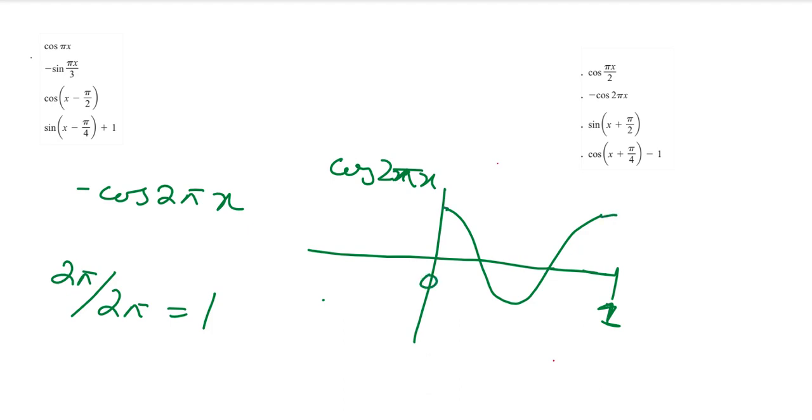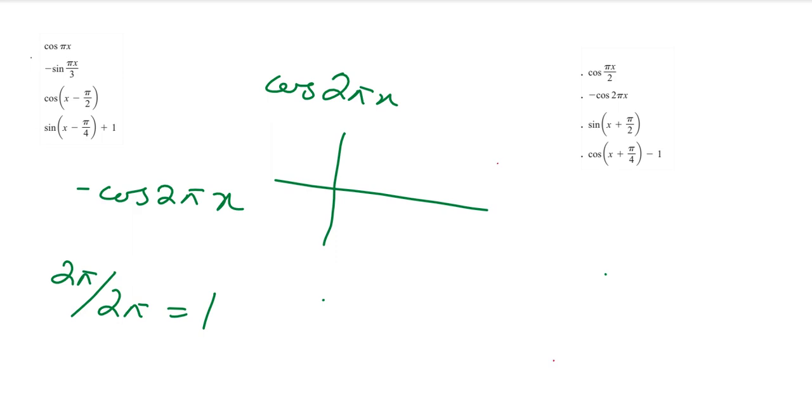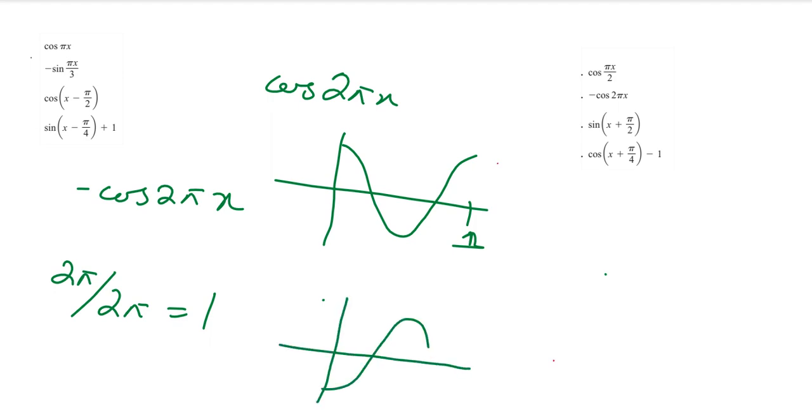And you have to draw the inverted form or the reflection of that, negative cos 2 pi x. So that will be exactly in the, okay, if you want me to draw cos 2 pi x, that would be in this form, ends up over here, and the reflection of that will be in this form.